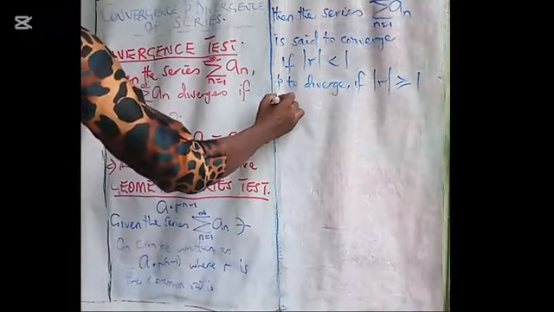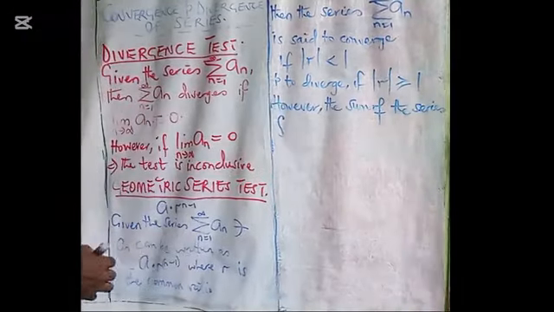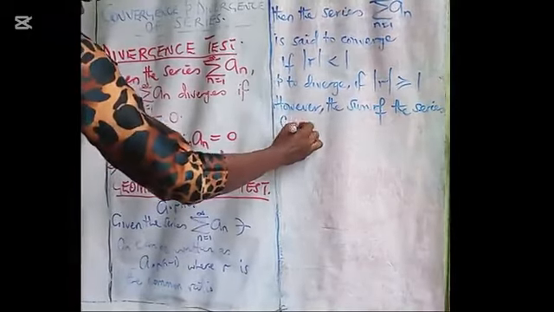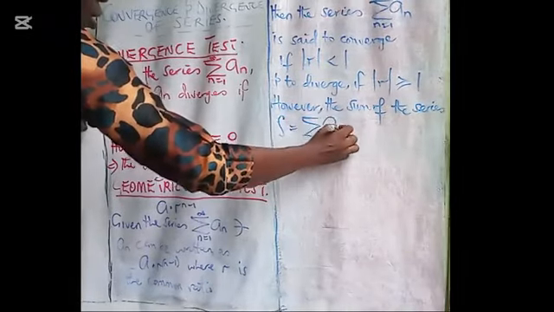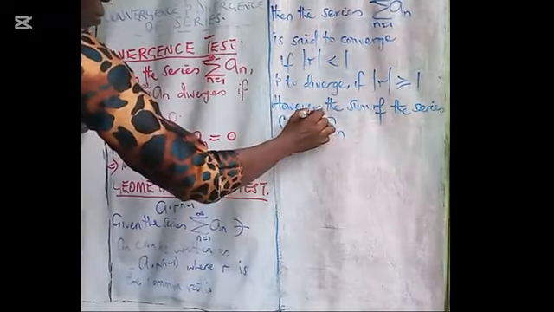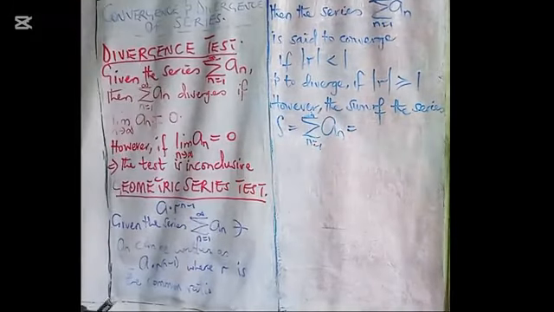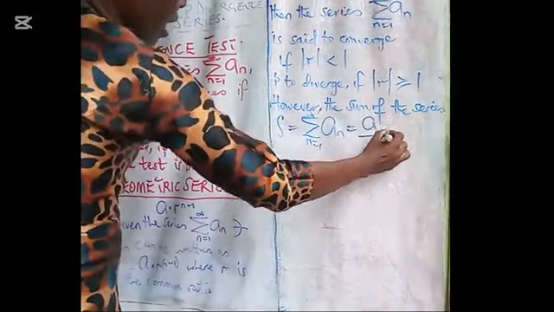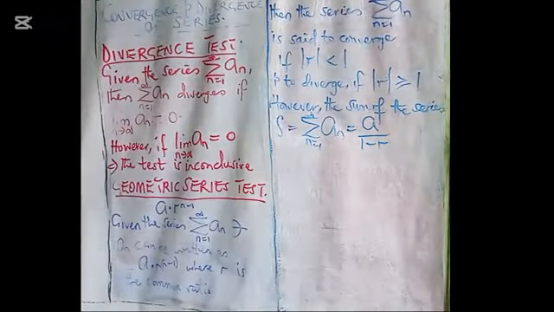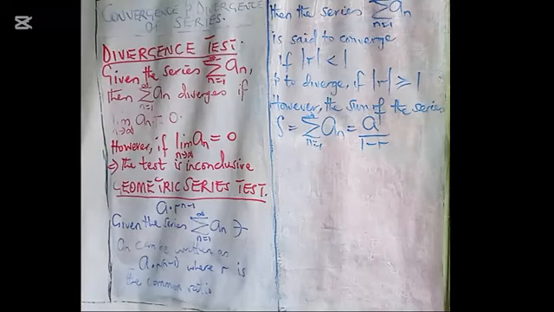However, the sum of the series s, which is the same thing as the summation of a sub n as n moves from 1 to infinity, is equal to the first term over 1 minus r.